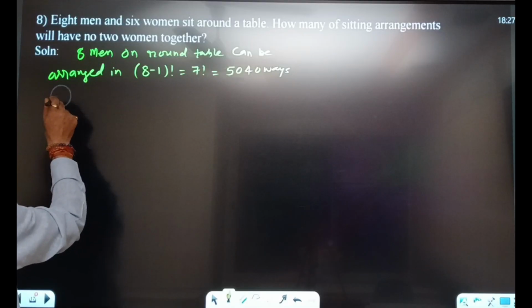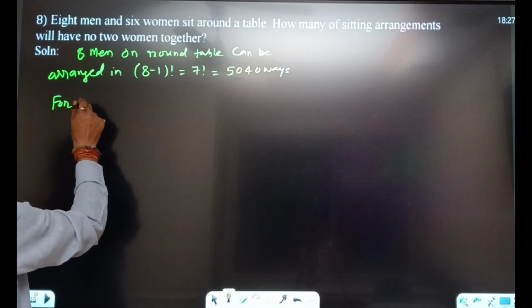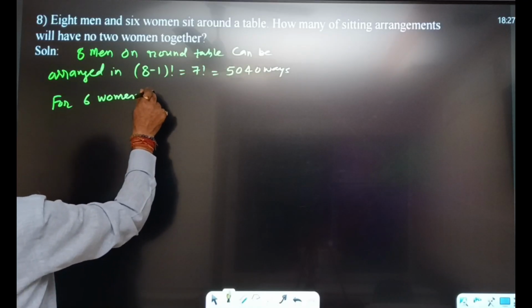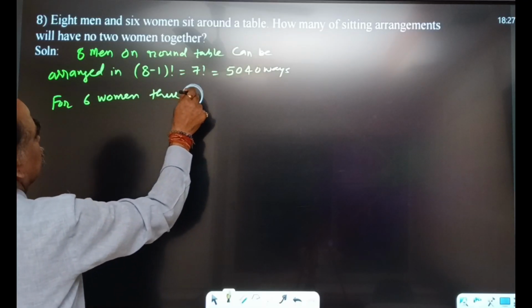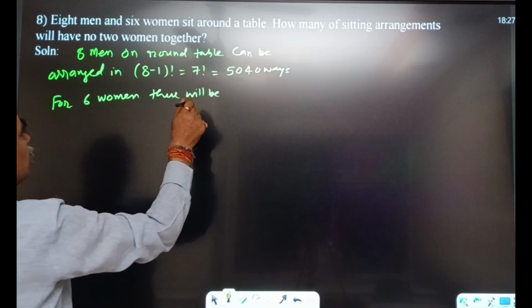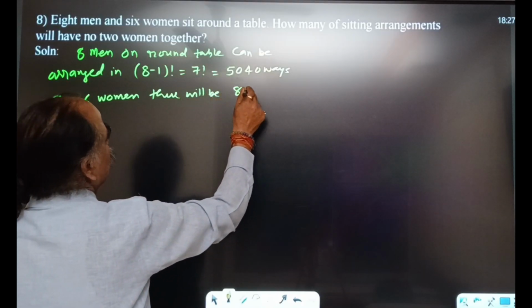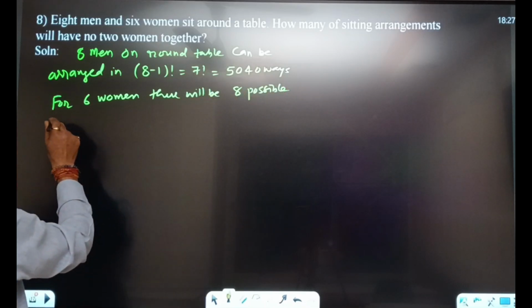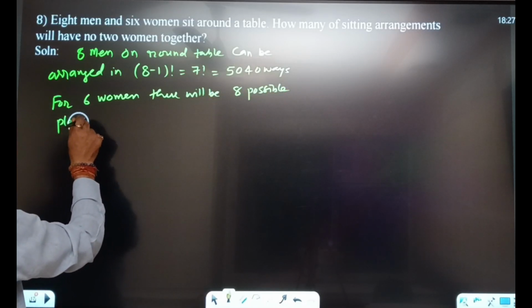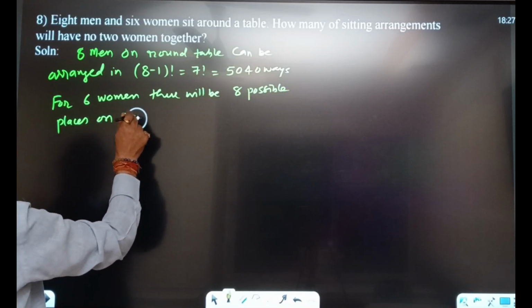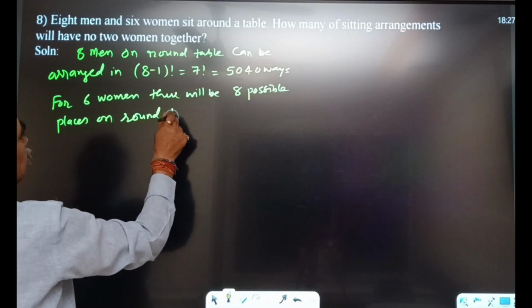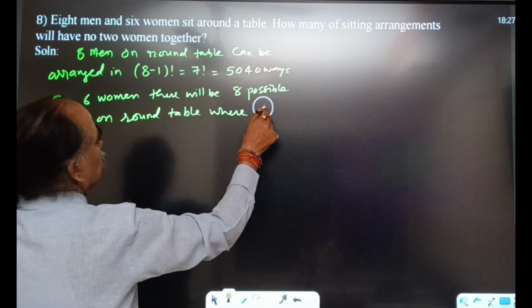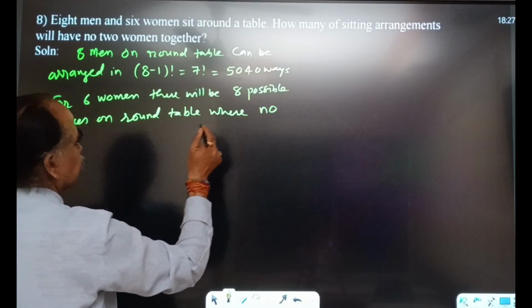For 6 women, there will be 8 possible places on the round table where no two women are together.